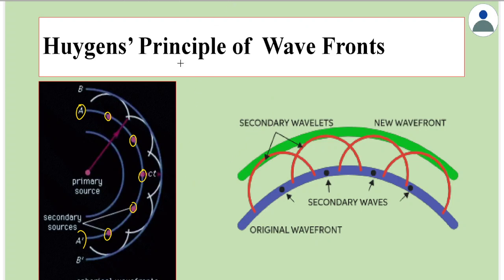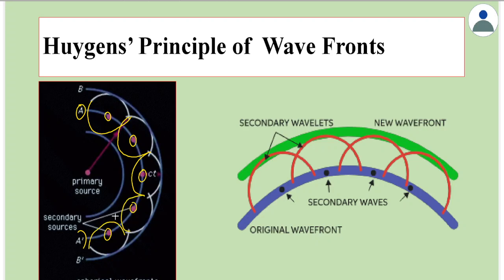From these sources, secondary wavelets are given out. These wavelets are like short waves. They go like this in all directions. That's the first point.